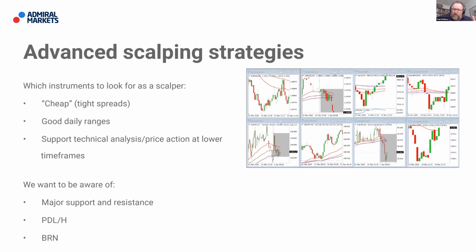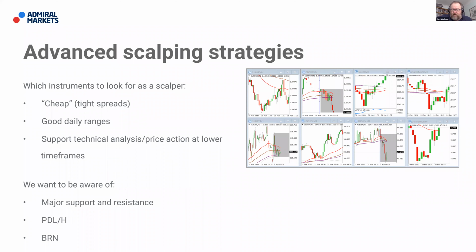But if you look at things that have relatively tight spreads, you're looking at things like the major indices, the Dow, the DAX, FTSE, etc. They all have tight spreads. You look at FX markets, all of the major dollar pairs have very tight spreads.